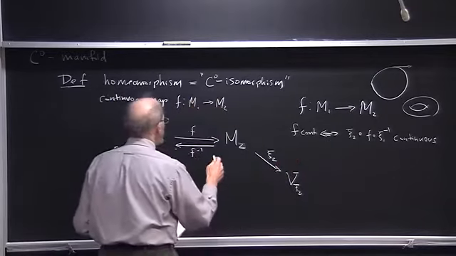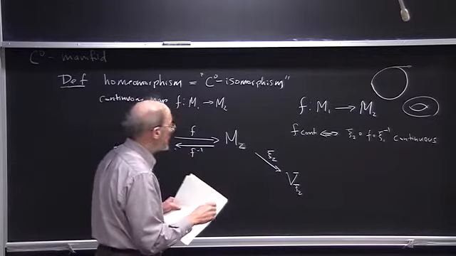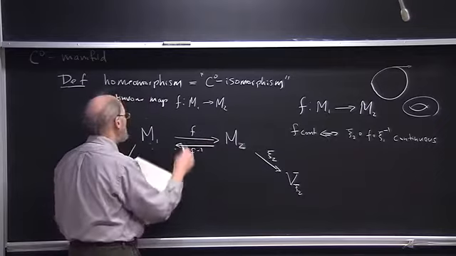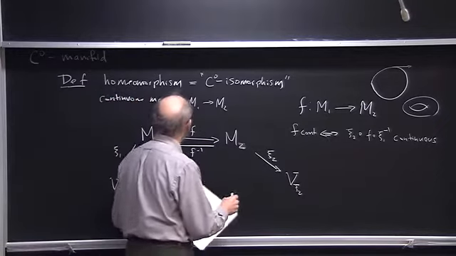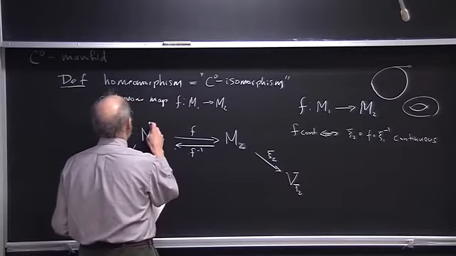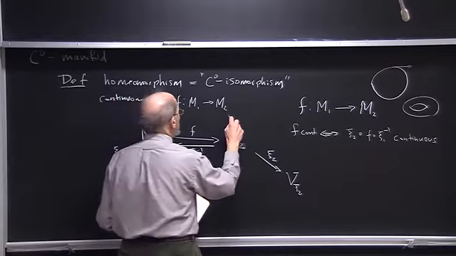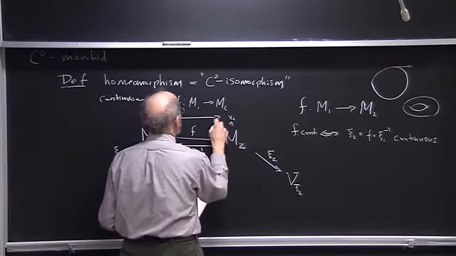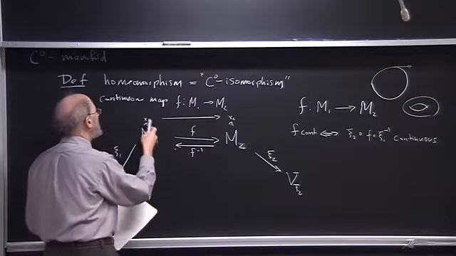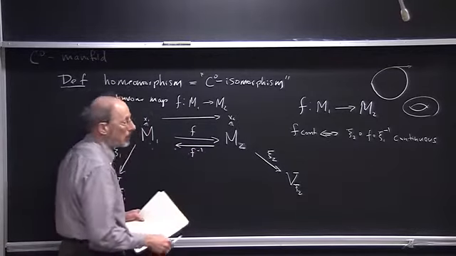So we go from here, and of course, I haven't written out all the fine print, but in general, you need many charts to cover the manifold, and so you really want to say within each chart where they overlap, it's continuous and so on. So basically, you would take any point x1 in M1, say, and x2 in M2, such that x2 is F of x1, then you would find a little neighborhood around this with a chart and a little neighborhood around this with a chart.